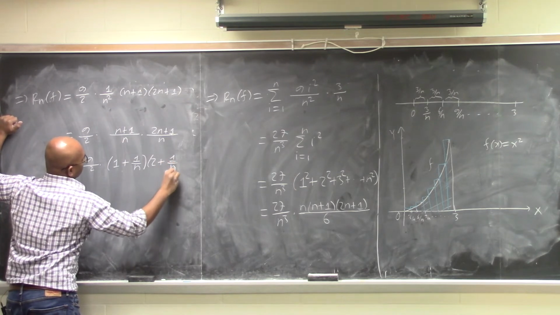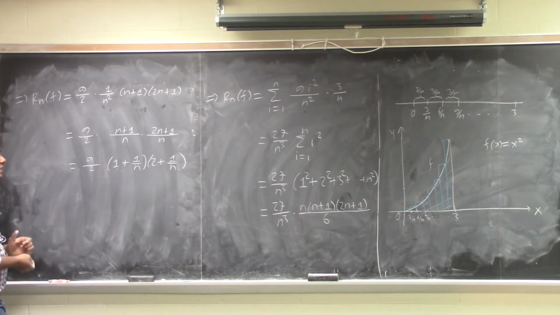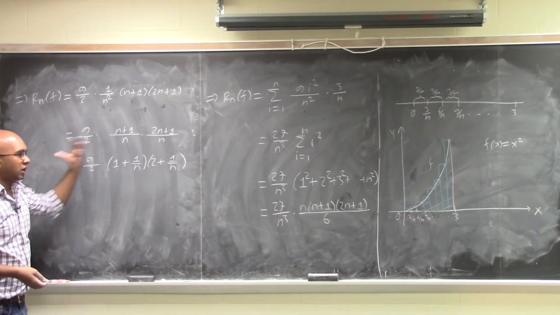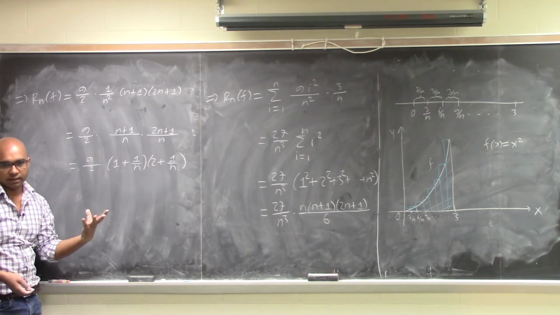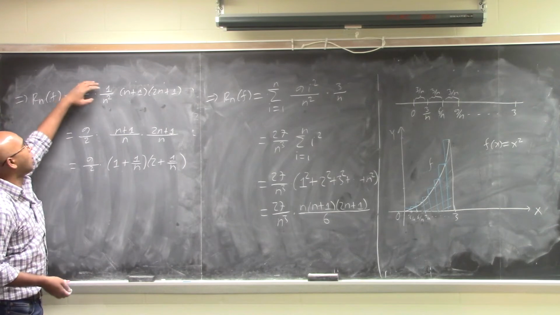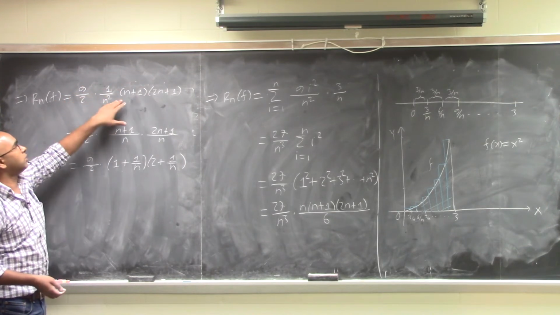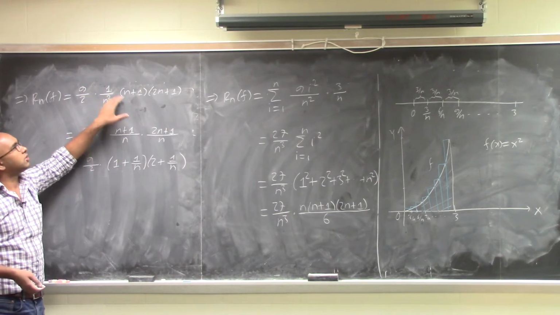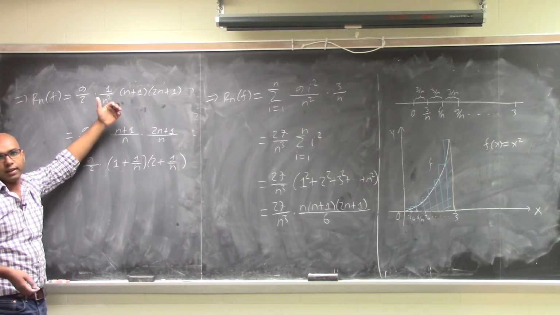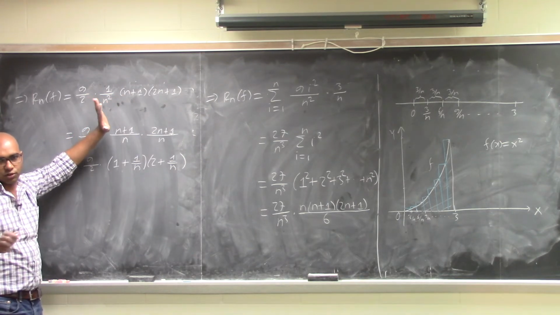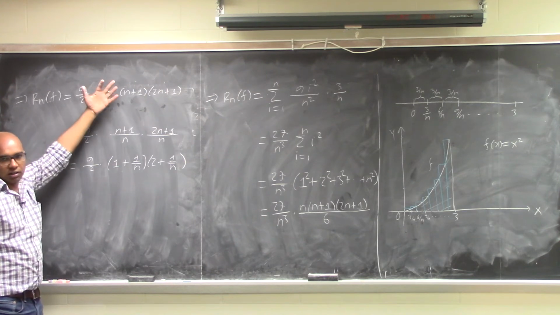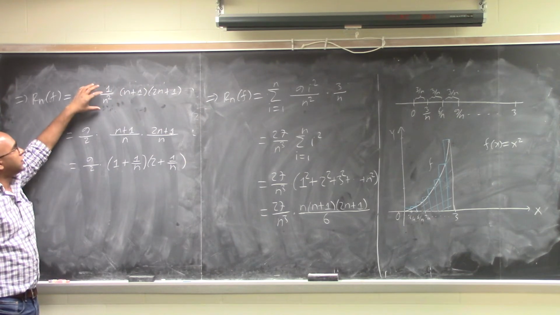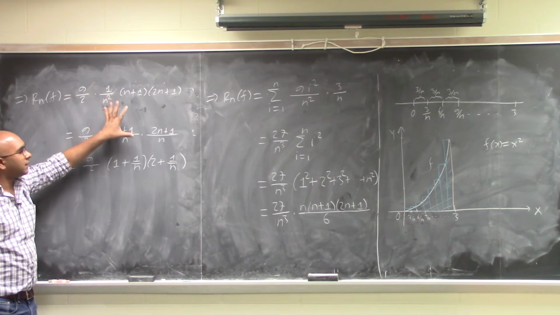The reason why I did this is that as n goes to infinity, infinity is not a number that we can plug in, right? If you say the top goes to infinity, the bottom goes to infinity, therefore this whole thing goes to infinity over infinity, which is 1, that is crazy. It's not true. Don't write that. That will not work. So you need to maneuver this a little bit.